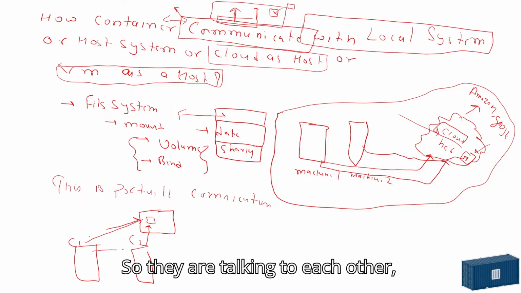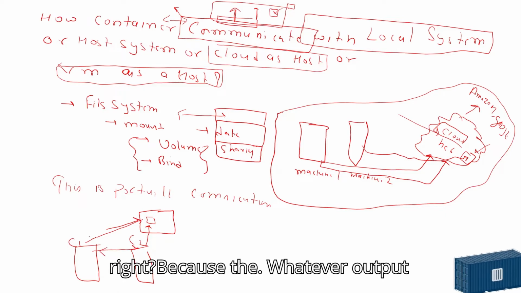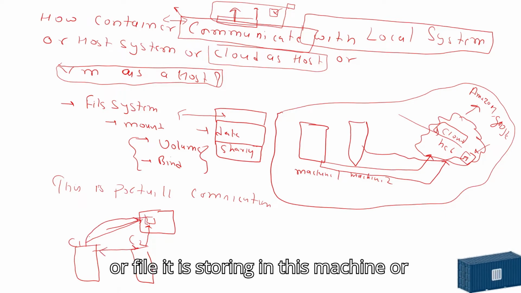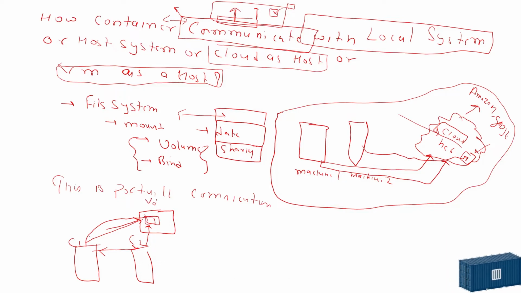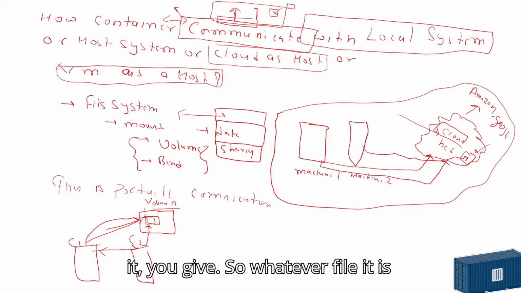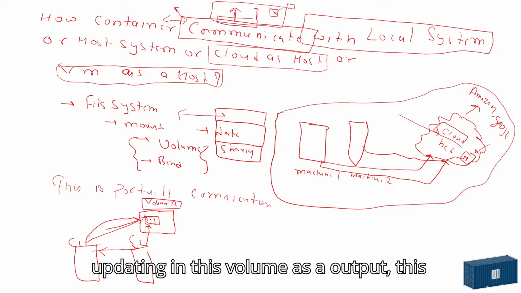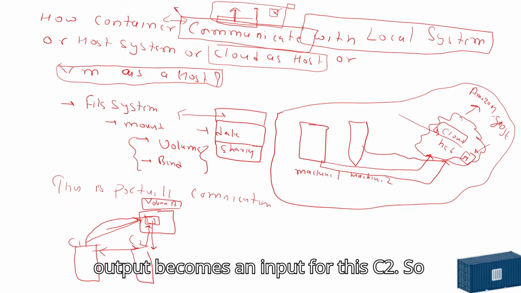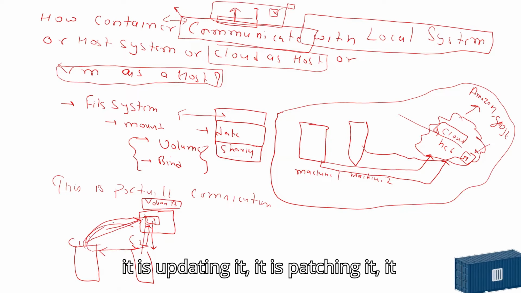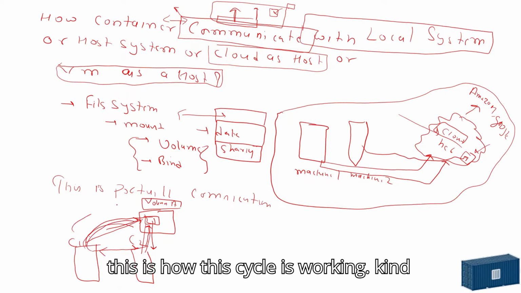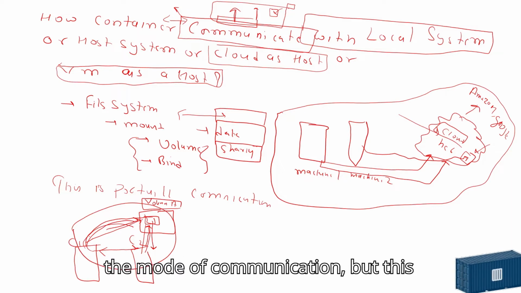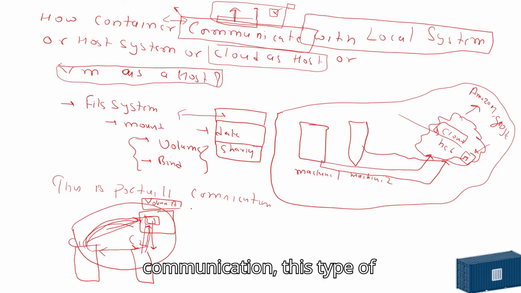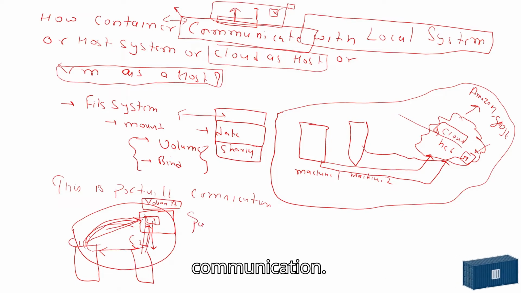So they are talking to each other, because whatever output or file C1 stores in this machine or in the volume or drive, whichever name you want to give it, that output becomes an input for C2. So it is updating it, it is fetching it. This is how the cycle works. They are in a mode of communication, but this type of communication we call partial communication.